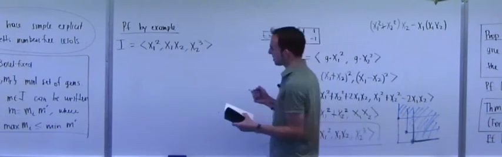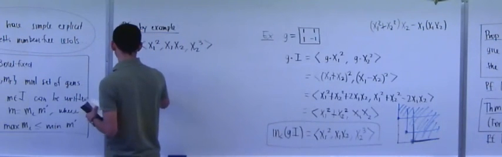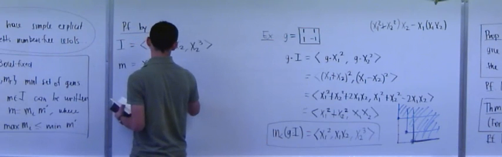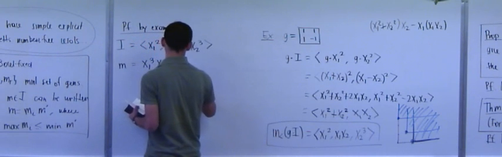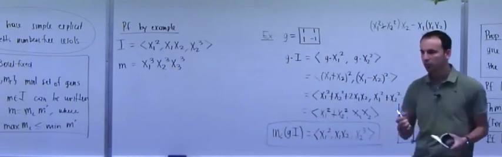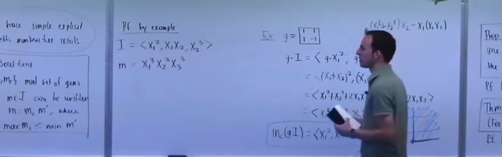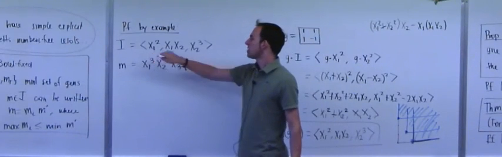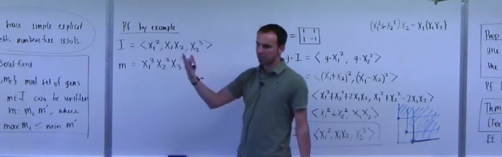And now let's take some monomial that lives in this ideal, like this one, for example. Okay. And somehow I need to write this guy as one of these generators times some other stuff that's bigger.